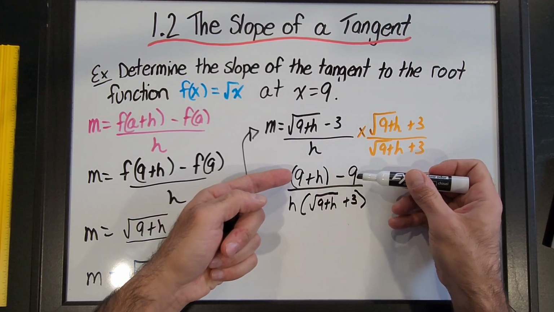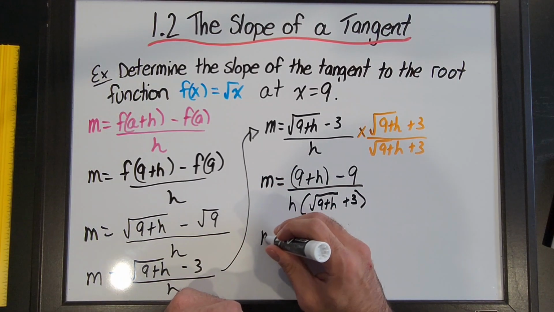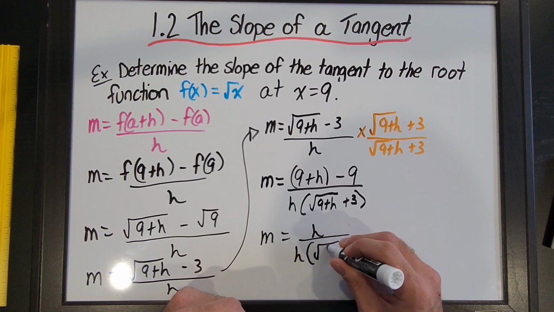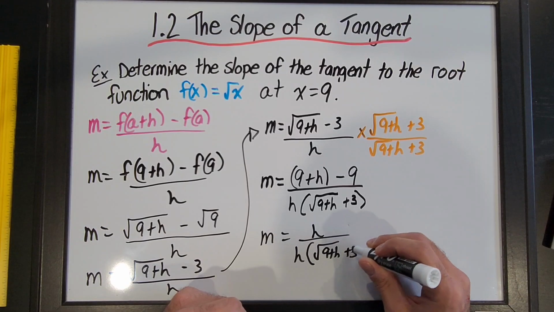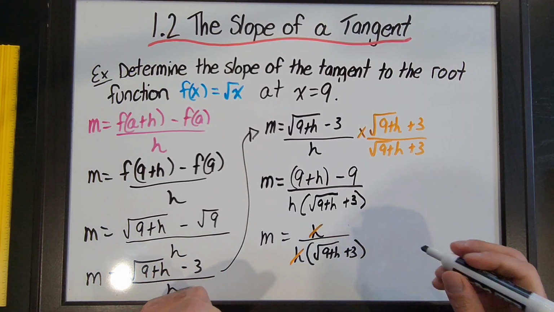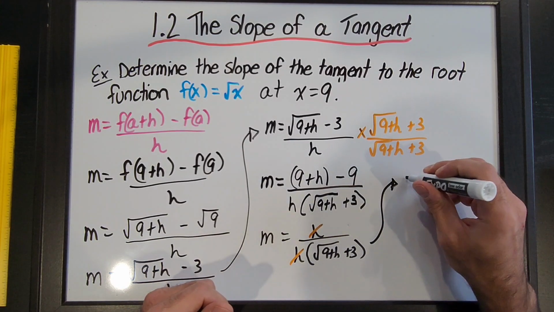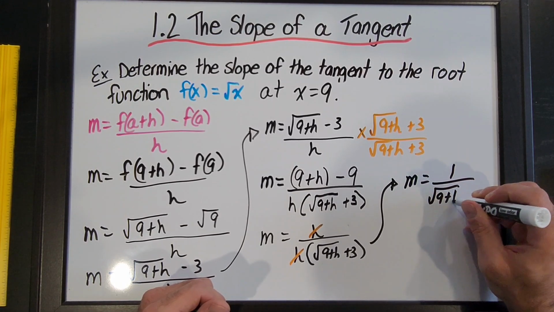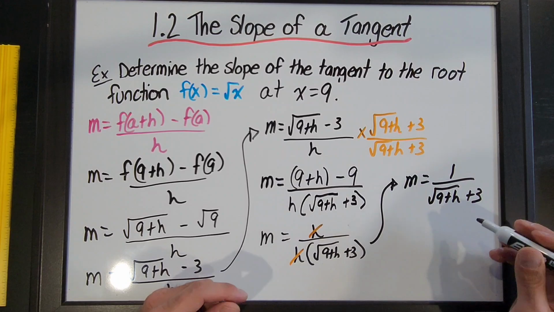Look at the top. Constants cancel out. So I have h over h, root 9 plus h plus 3. Now, h's cancel out. That's what I'm looking for. So my slope right now, let's go this way, is 1 over root 9 plus h plus 3.